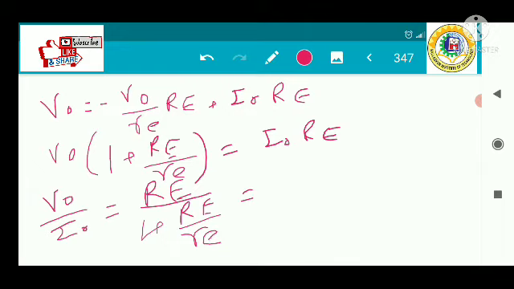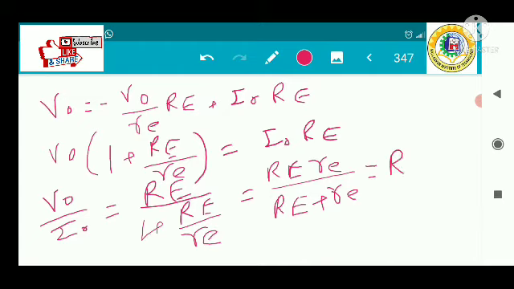So this will be nothing but RE divided by re plus RE. Okay, and this is the expression RE parallel with re. Just check the equivalent parallel resistance expression.